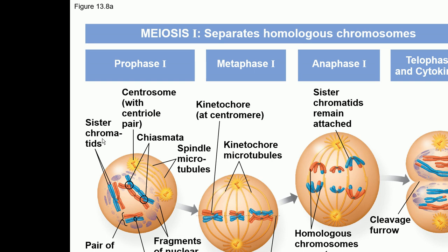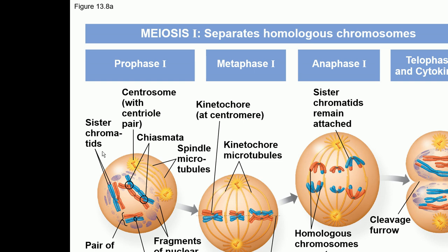Now, in the pair, this red chromatid and this blue chromatid are called non-sister chromatids. What happens is, when the pairing takes place, the genetic exchange takes place between the non-sister chromatids.